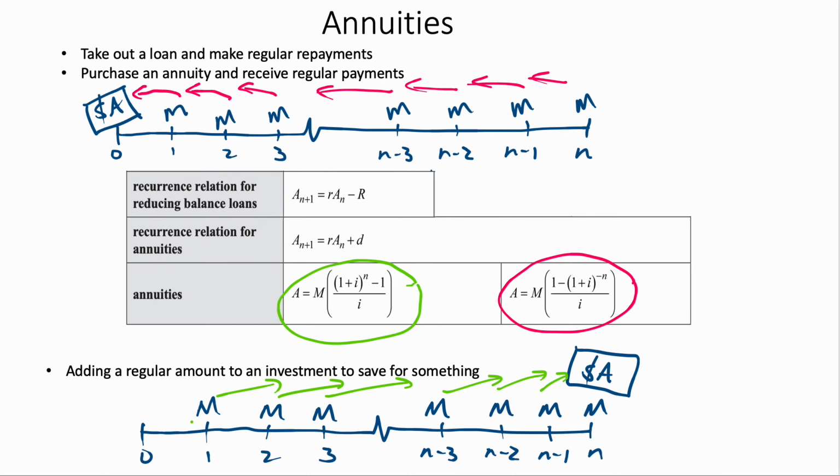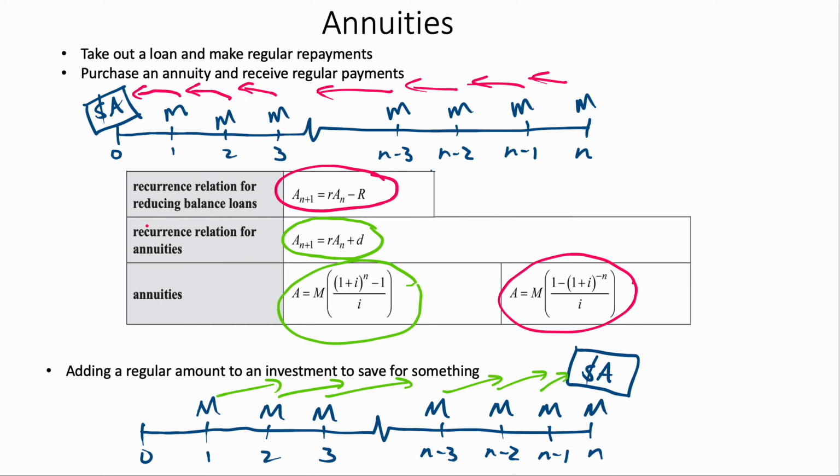Now both of these can also be modelled with recurrence relations. So this one here, where we're adding in the payment and accumulating those payments over time, that's this one here with the plus d in it. But when we have this situation where we've got that initial investment amount and we're either, or if it's the loan and we're making monthly repayments and our balance is reducing, then it's this one here.